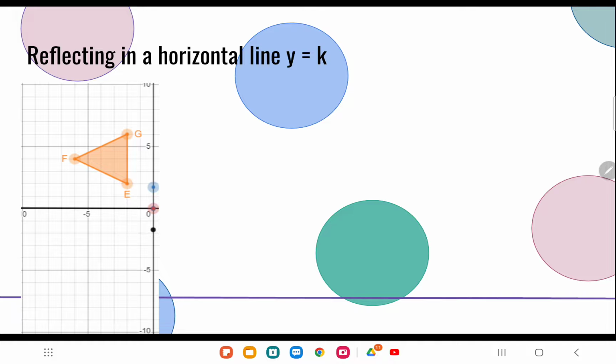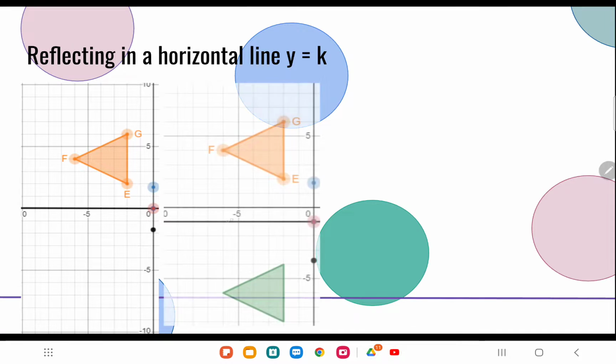We can apply some similar rules for reflecting in horizontal and vertical lines. So if we reflect in the horizontal line y equals k, here's our line, and as you can see, I'm reflecting in the horizontal line y equals negative 1. So for this, I'm 3 units away in each direction, and I'm going to transform according to that.